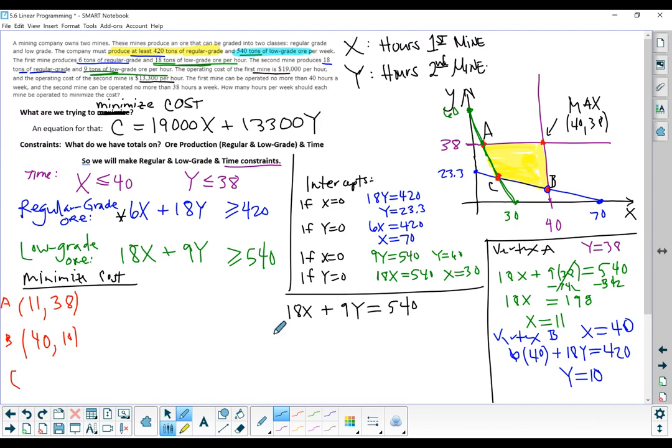So if I multiply by negative 3, that's negative 18x. 18 times 3 is 54. And again, I'm timesing by negative 3, so negative 54y. And 420 times negative 3 is negative 1260.